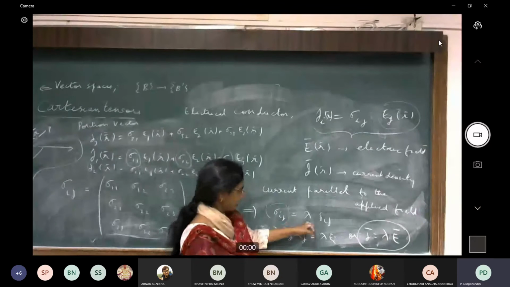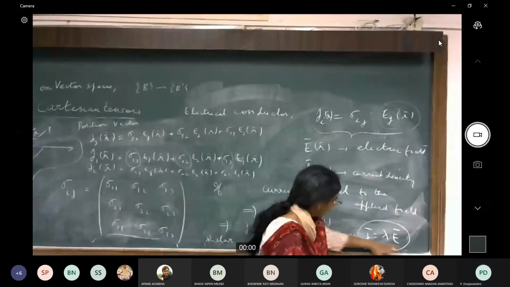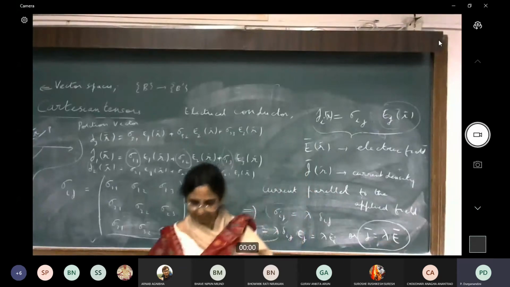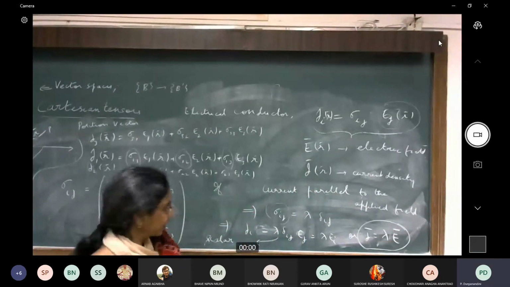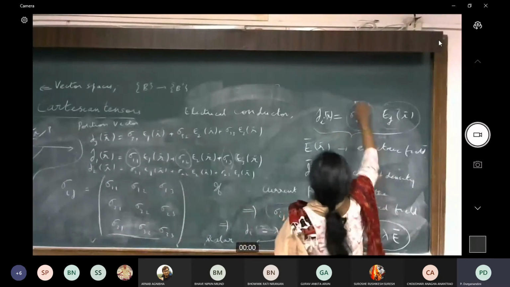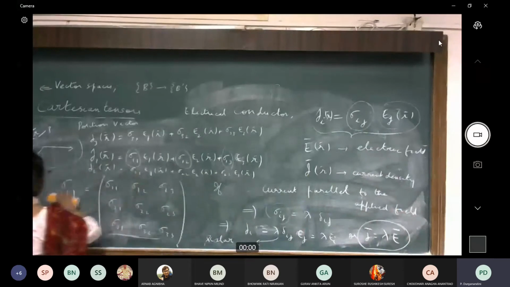Most generally I can multiply with some arbitrary scalar. So I get this. So my conductivity or my current electric field relation must be of this form. Okay. And as I said, to establish that this is a second rank tensor, I will use the quotient law, but I'll do that later. So just accept that law.